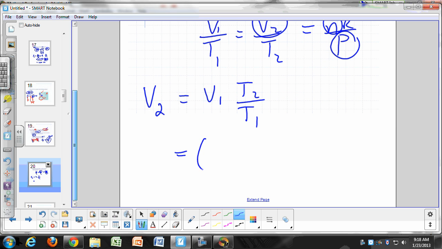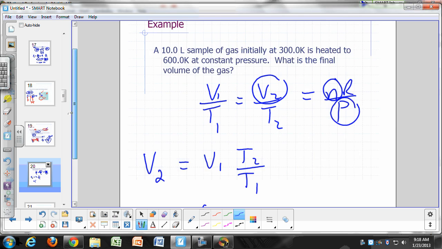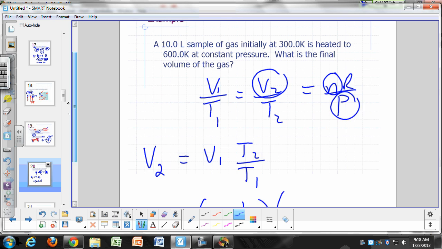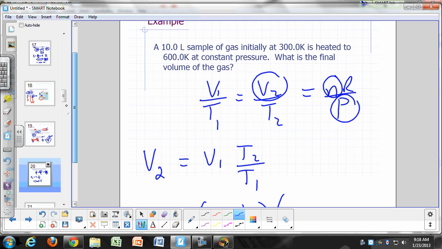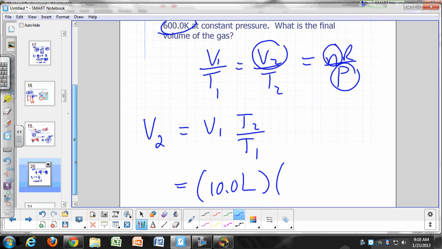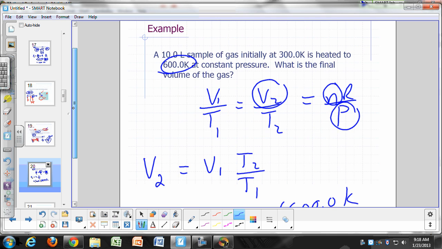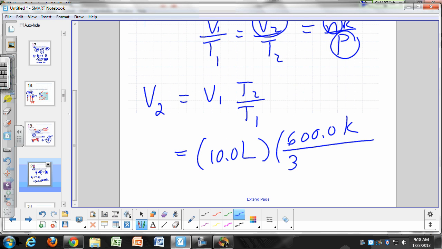So what's my V1? 10 liters times T2, which is final temperature, 600.0 Kelvin, and 300 Kelvin is my T1, my initial temperature.